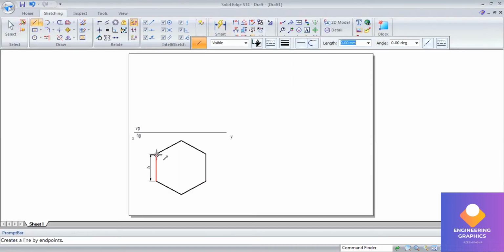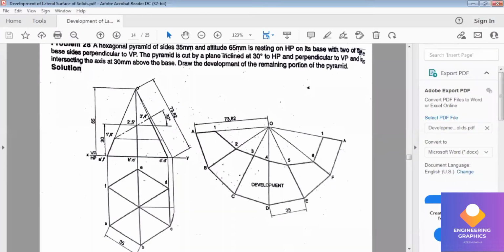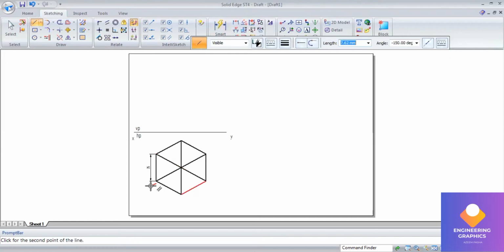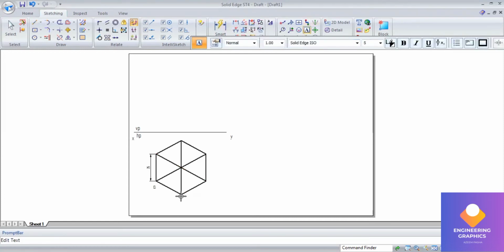Now draw the diagonals here to get the slant edges. Here the slant edges are thick lines. Mention the namings.